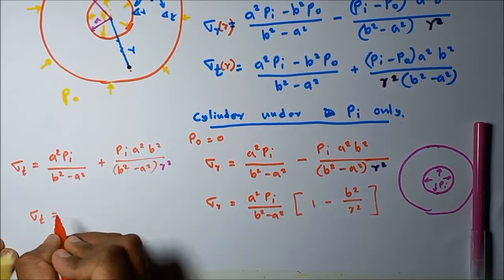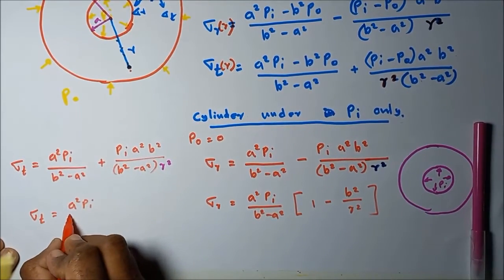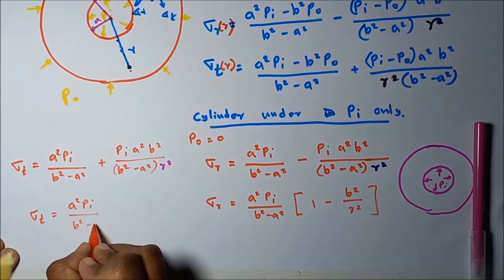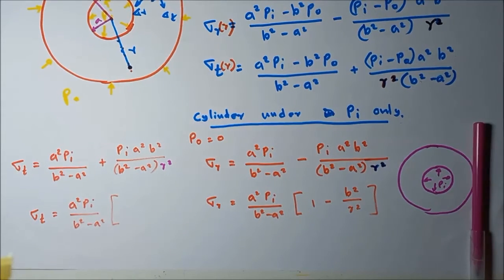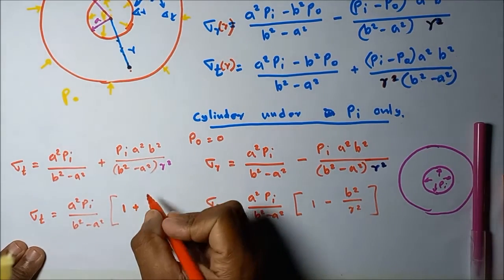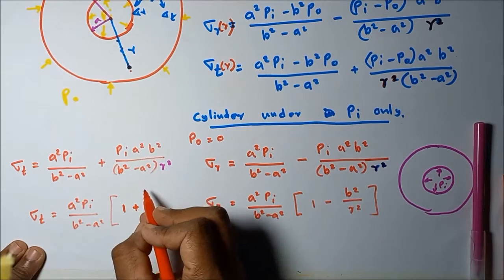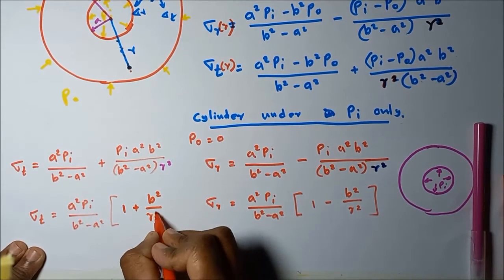Sigma t is equal to a square Pi divided by b square minus a square, taking the common term out, into 1 plus b square divided by r square.